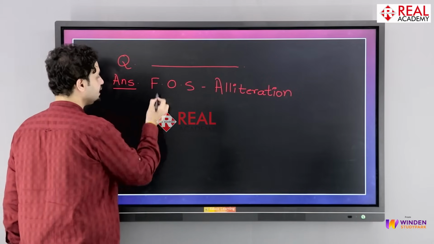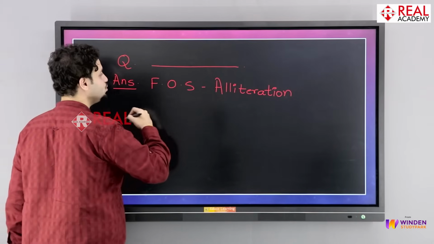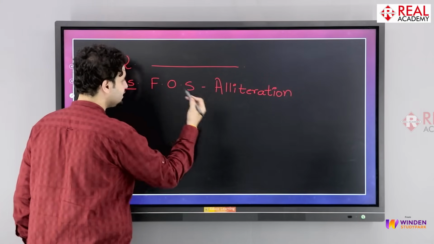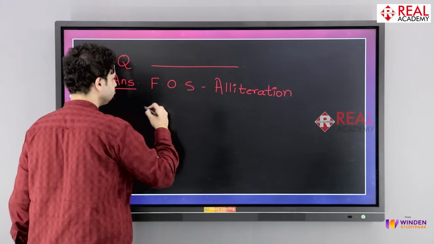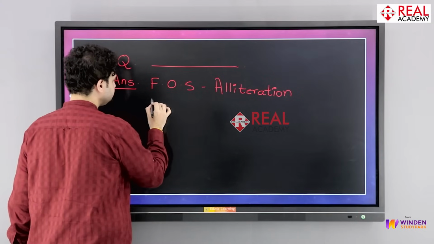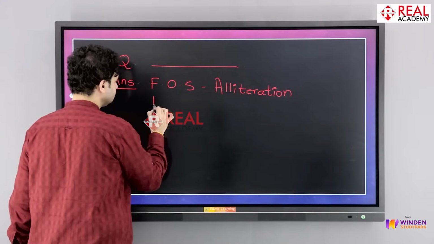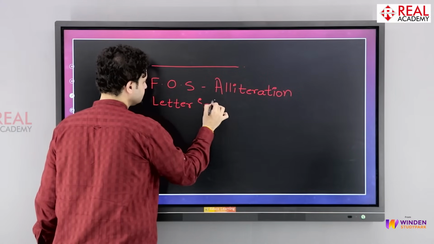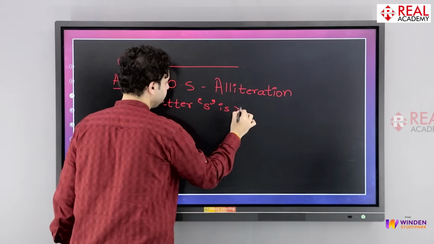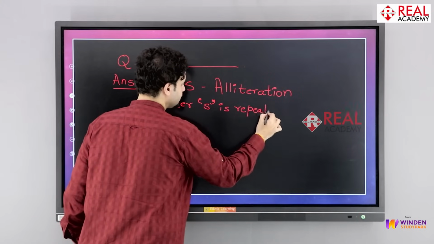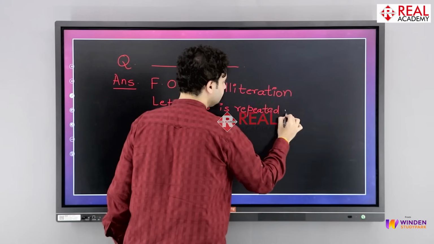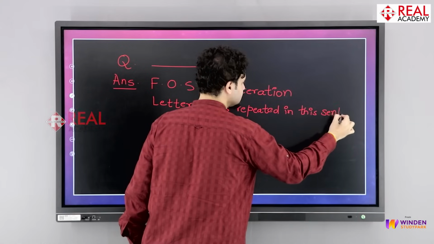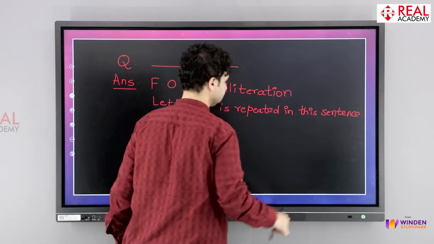Then on the second line you are supposed to write the explanation, like why it is alliteration, for example, letter S is repeated in this sentence.